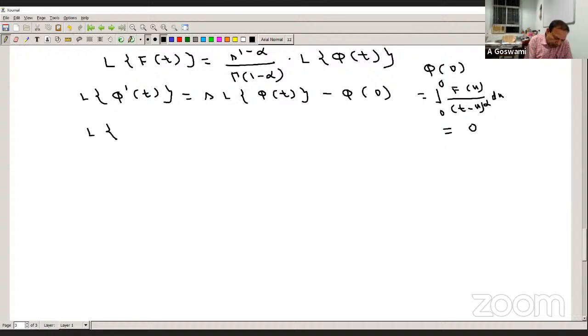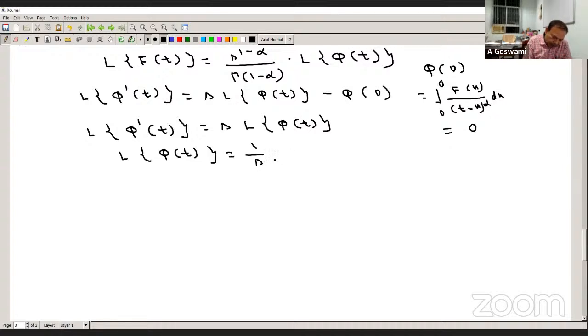So that you can write down the Laplace transform of phi dash t equals s into the Laplace transform of phi(t). And from here, you can write down the Laplace transform of phi(t) equals 1 by s Laplace transform of phi dash t.